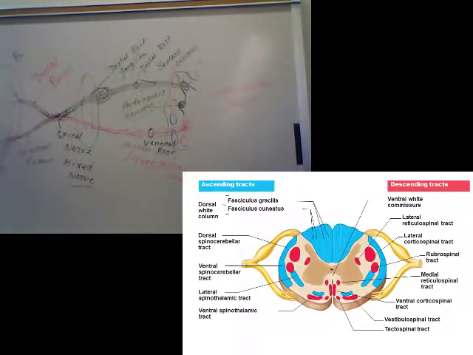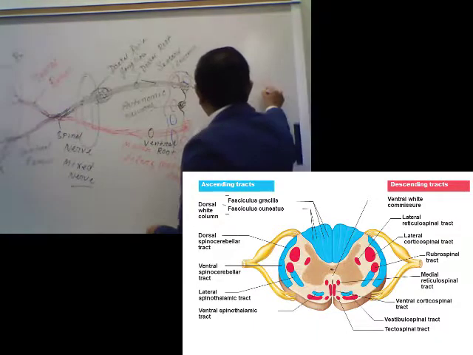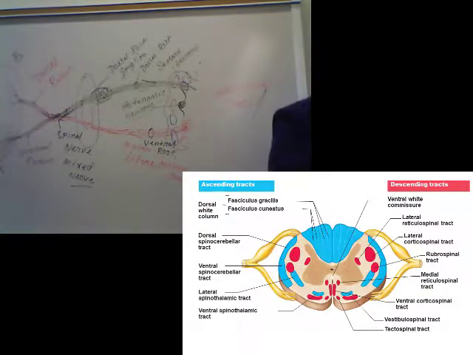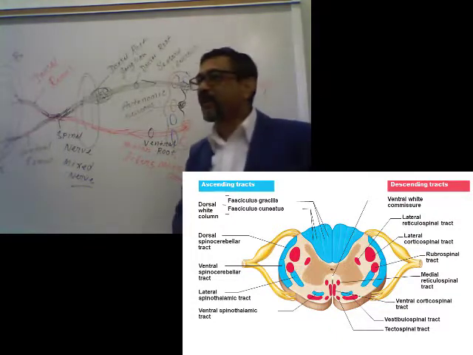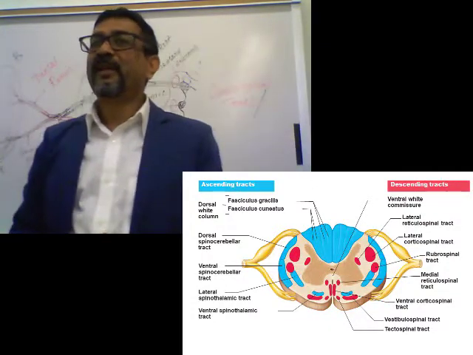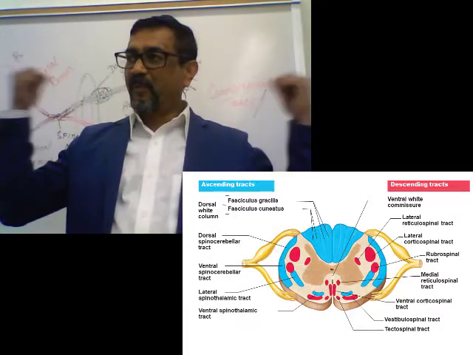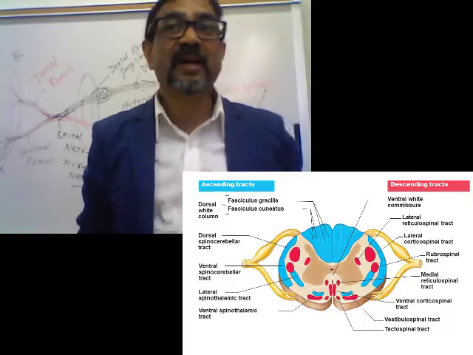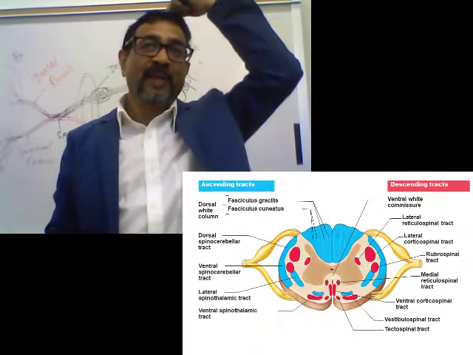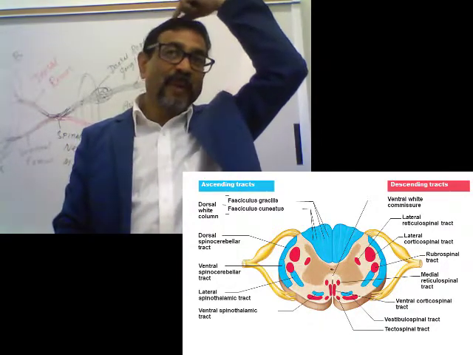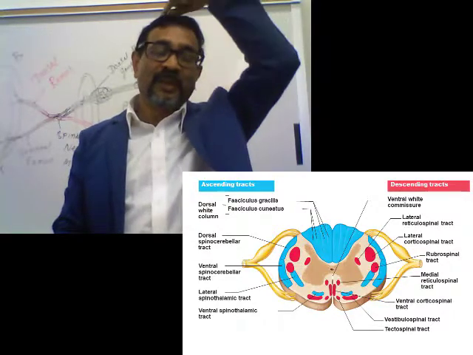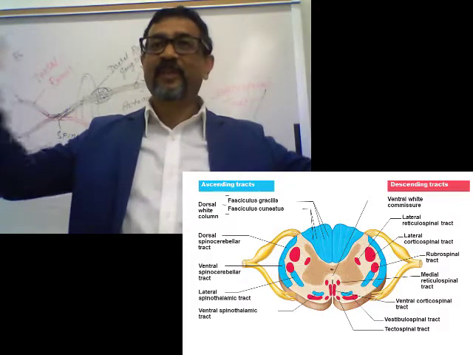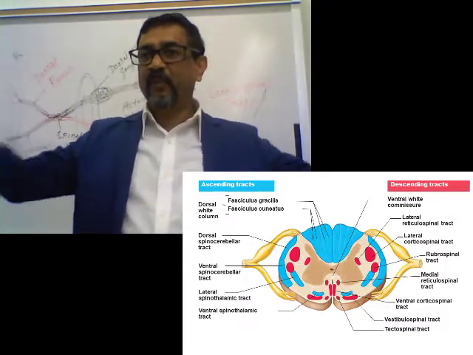This tract is the main motor tract and takes what kind of signal from the cortex to the body? The movement of the skeletal muscles. So in the brain you have primary motor cortex. I showed you in last class. Primary motor cortex sends signal to the muscles. Primary means main, motor means movement.